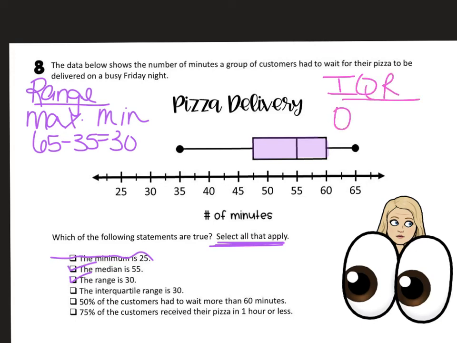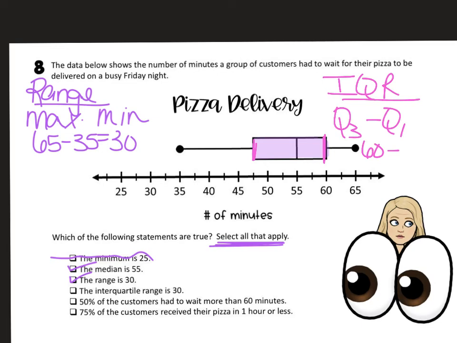Well, it's Q3, so basically the max of that little rectangle, minus Q1, which is the min of that little rectangle. In this case, my Q3 is 60 and my Q1 is, let's see, what's in between 45 and 50.